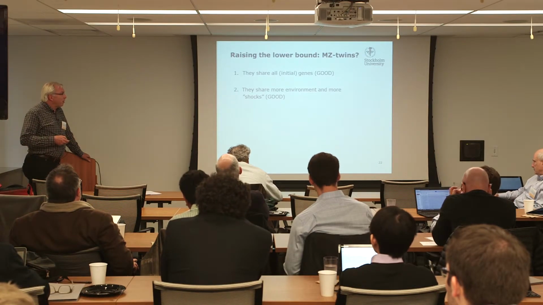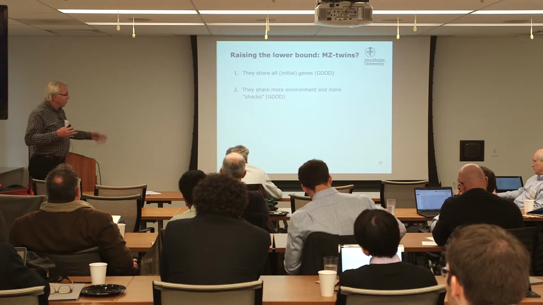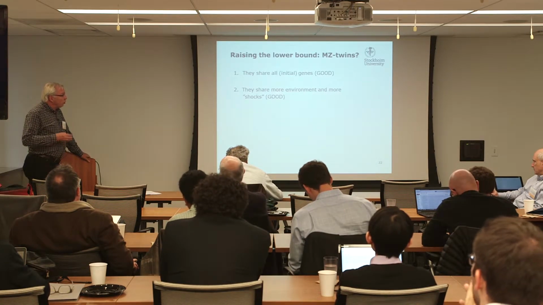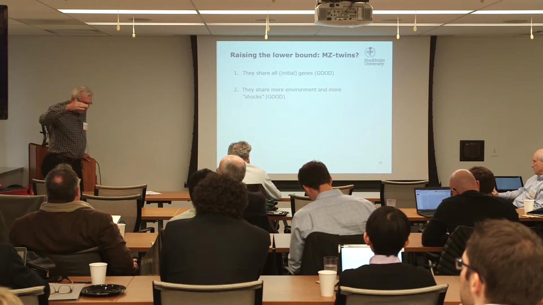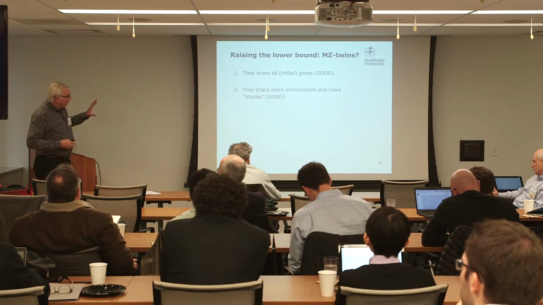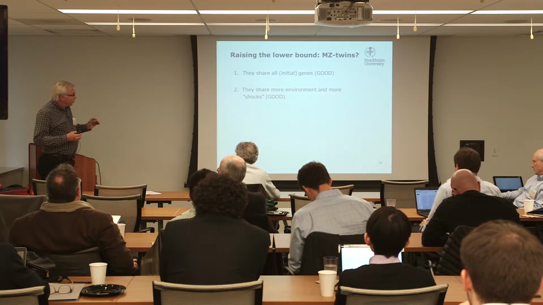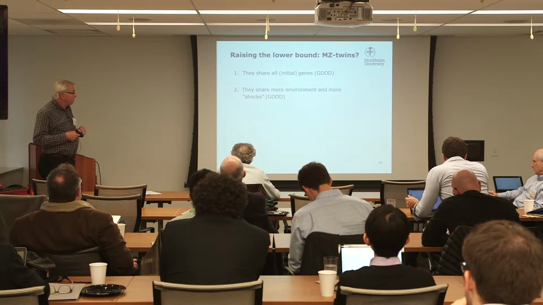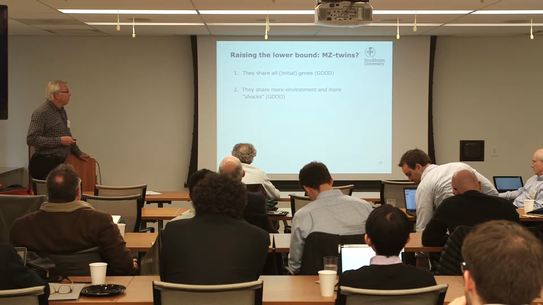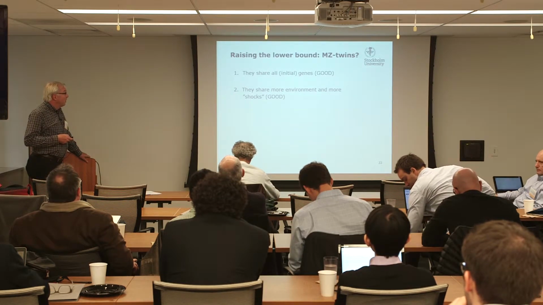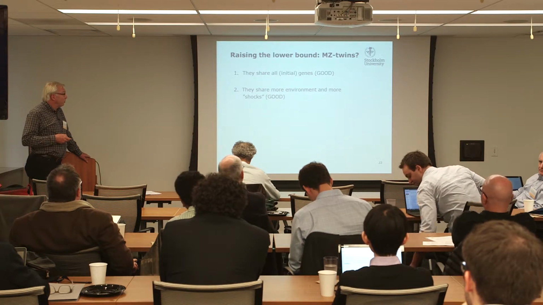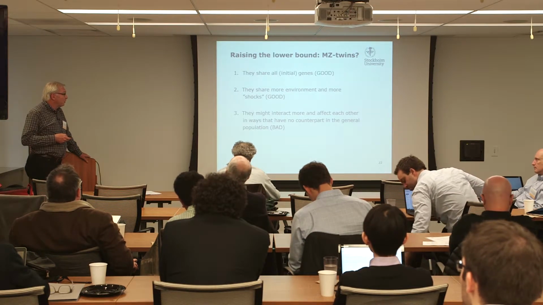And they also share more environment, probably because they have lived very close to each other. But that's also good if you want to raise this lower bound. If you want to do nature-nurture decompositions, it's devastating if that is the case. But if you want to get the total impact of family background, it's good to have siblings who share as much environment as possible and as many shocks as possible.